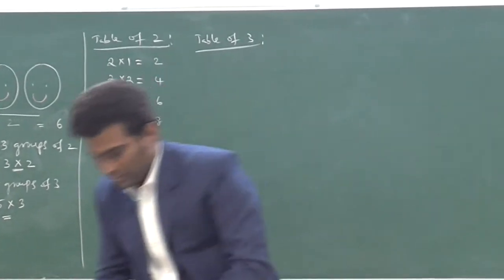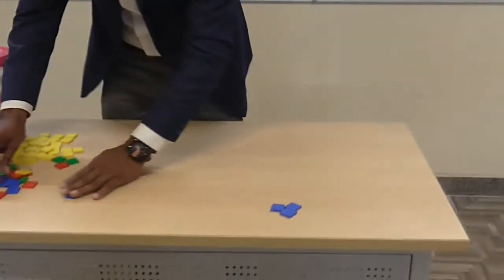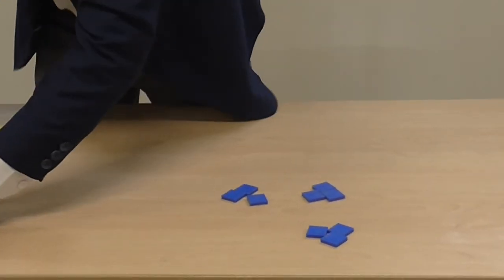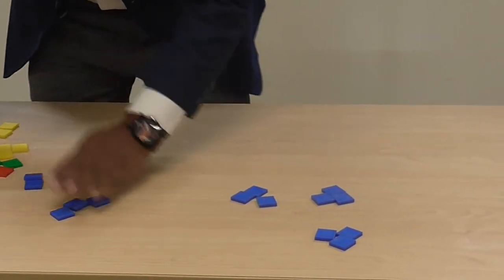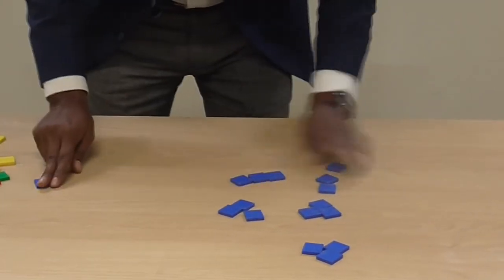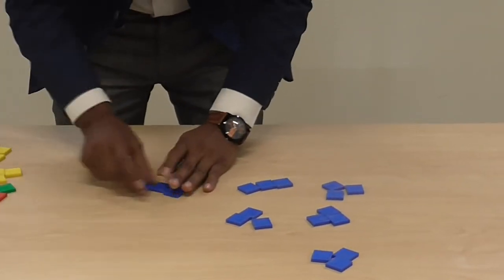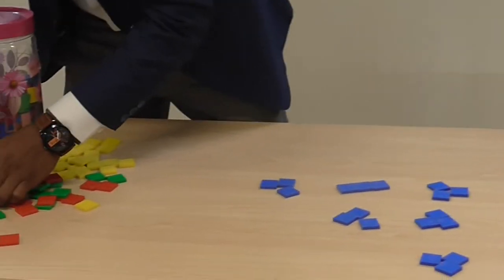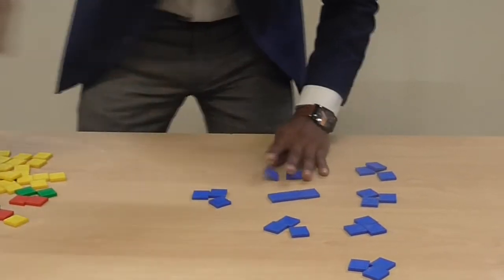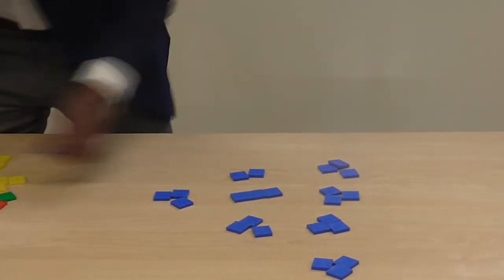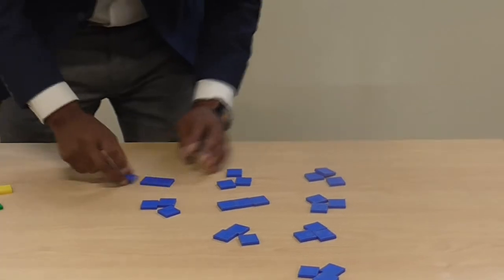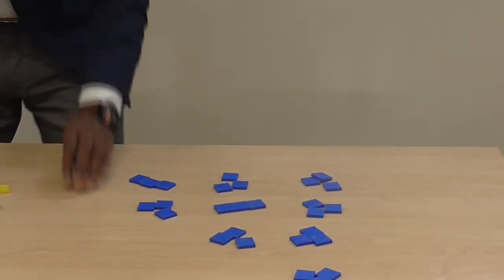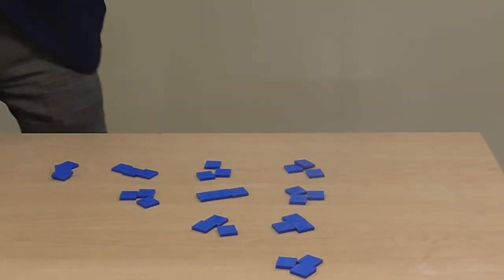Table of 3, we'll take one group of 3, two groups of 3, three groups of 3, 4 groups of 3, and so on.